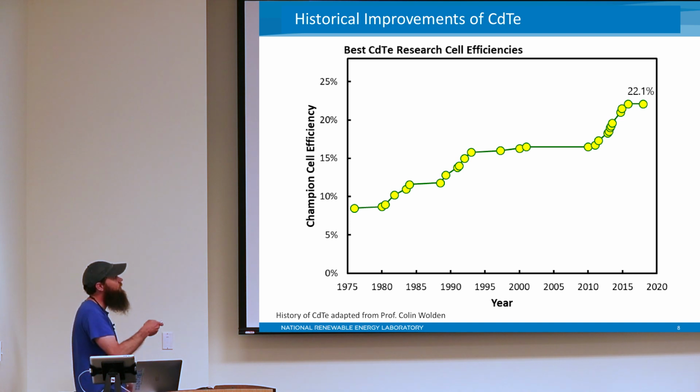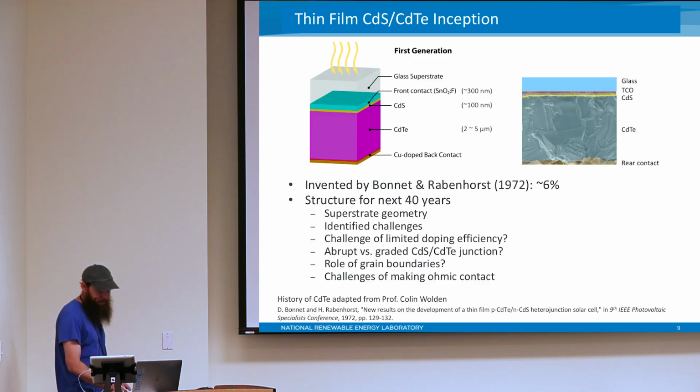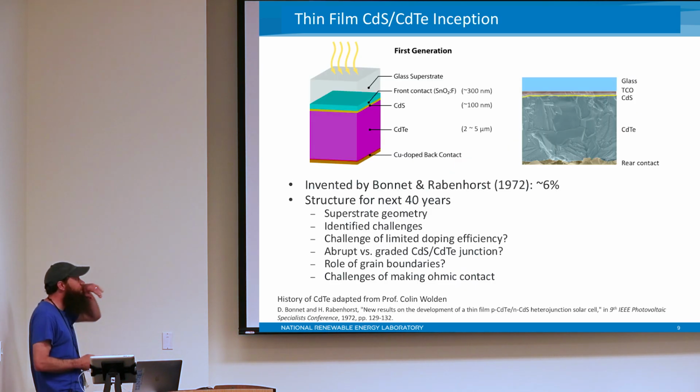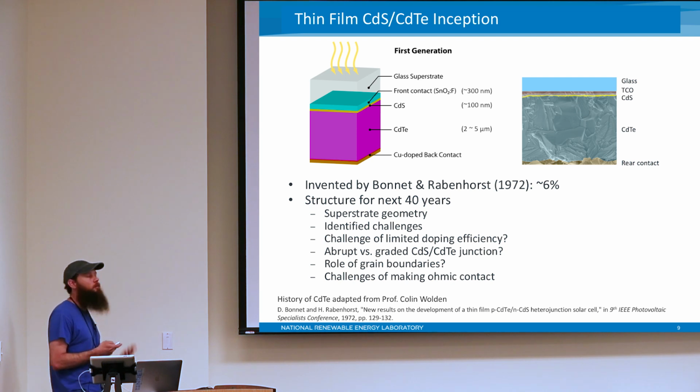So this is outlining the record efficiencies in CadTel over time. The first thin film CadTel solar cell was a cadmium sulfide CadTel solar cell, invented by Dieter Bonnet and Rabenhorst in the early 70s.